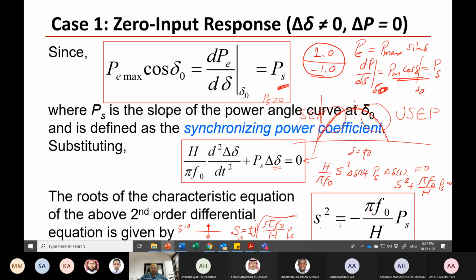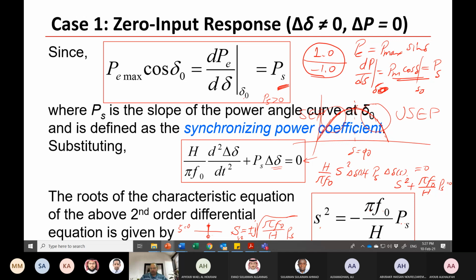So the roots can be, if this is minus sign here, then you can have based on this Bs. If Bs is positive, then S squared equal to minus, so S equal to plus minus j square root of this.